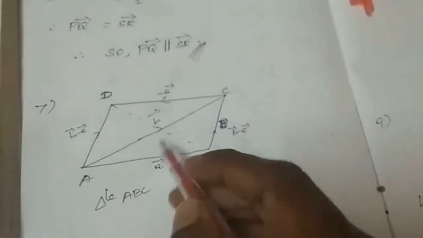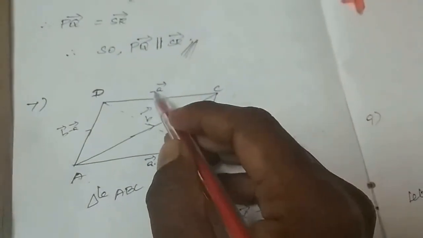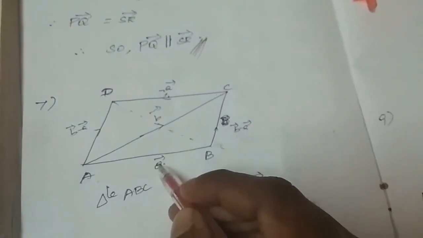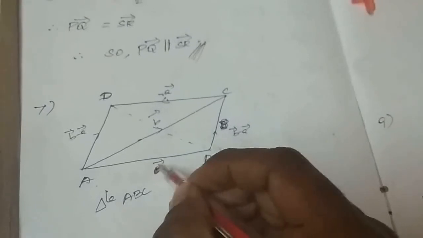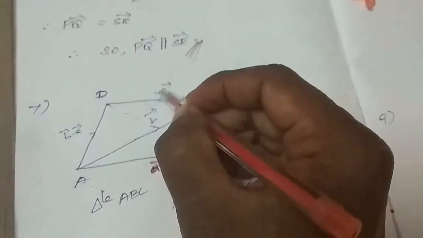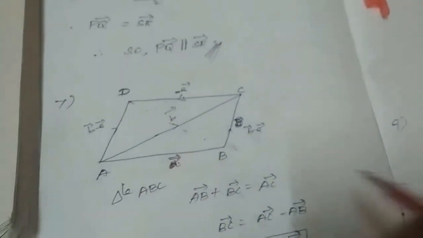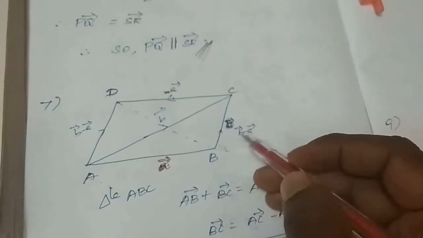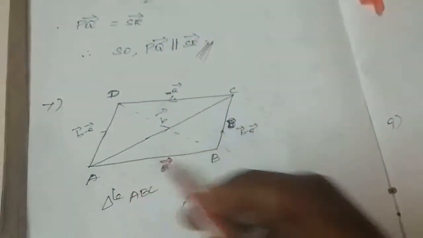In the opposite direction it is minus A vector. In the direct direction it is B vector minus A vector.